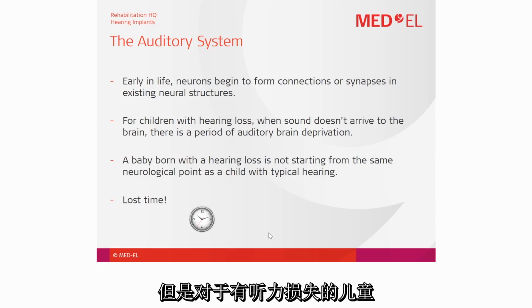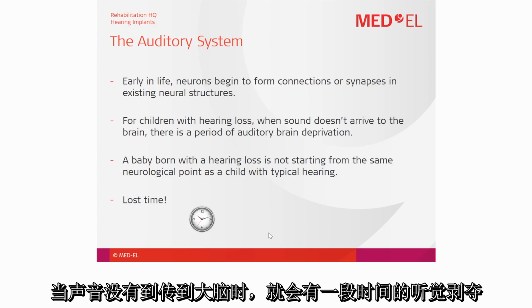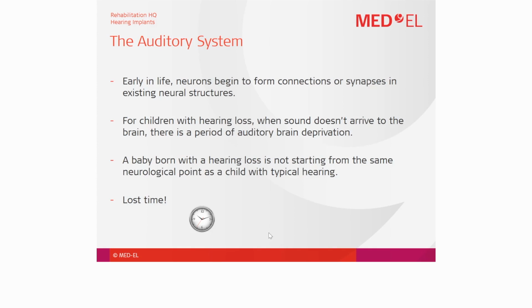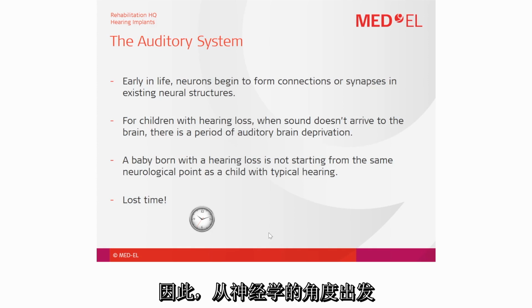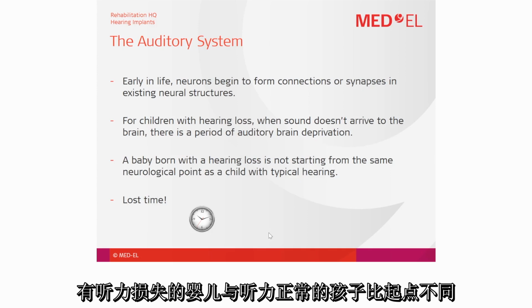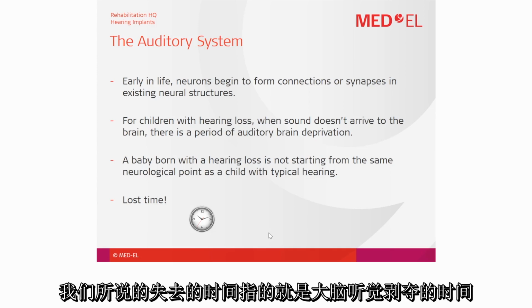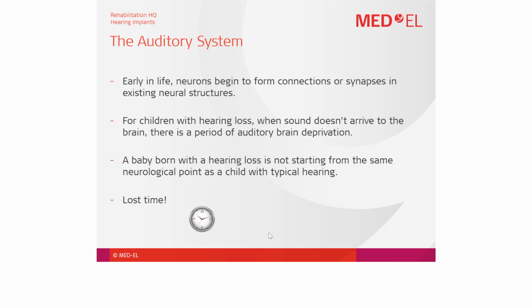But for children with hearing loss, when that sound doesn't arrive to the brain, there is a period of auditory brain deprivation. So that a baby with hearing loss is not starting from the same neurological point as a child with typical hearing. That time of auditory brain deprivation is what we're referring to when we talk about lost time.